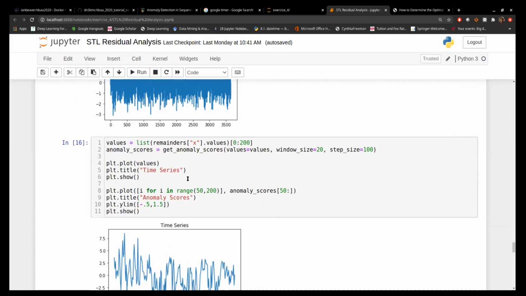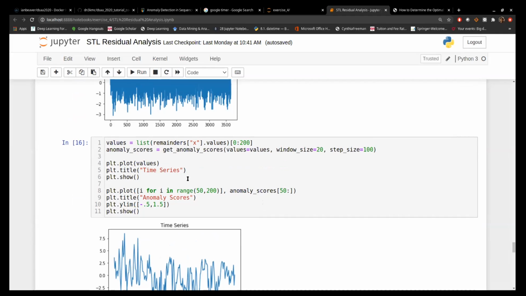So I obtained the anomaly scores using the get anomaly scores function. More specifically, we use the complement of the Q function of the normal distribution to get an anomaly score between 0 and 1. And I'm just going to look at one direction for simplicity. The survival function, given an input x, returns the probability that another value in the normal distribution is larger than x.